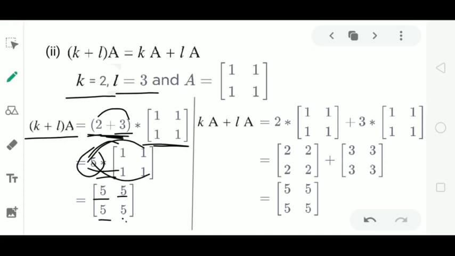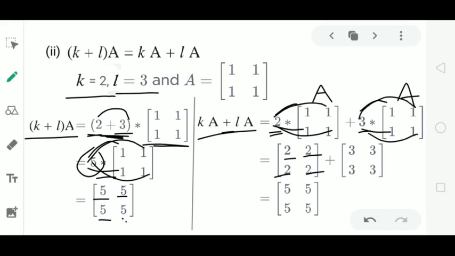Now consider the RHS, kA plus lA. k is 2 and A is the matrix containing elements 1, 1, 1, 1, plus l is 3 into matrix A. Here first we multiply 2 to each element of matrix A, which results in 2, 2, 2, 2, and for the second term we multiply 3 to each element of the second matrix, which results in 3, 3, 3, 3.